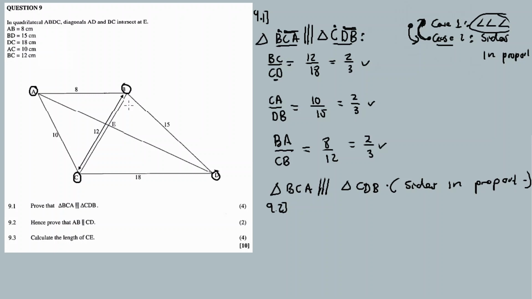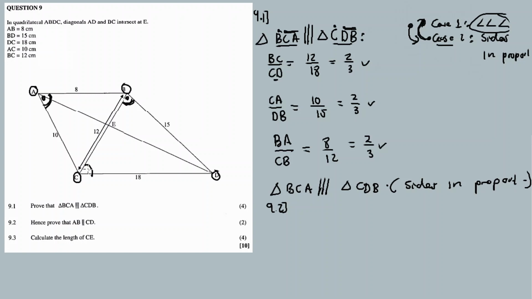So BC, this angle is equal to this angle. BC and BC, its opposite angle is A. Then CD, it's this angle there. The corresponding angles are equal. This angle is equal to this one. Then CA over DB.